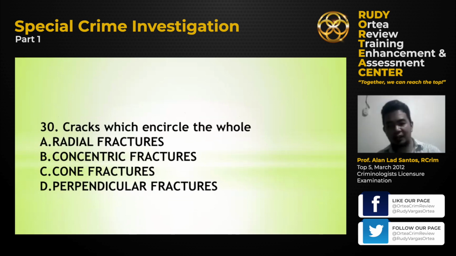The answer is concentric. Kung una, radial radiates outward from the center. That is radial. Concentric is circling. So the answer is letter B.